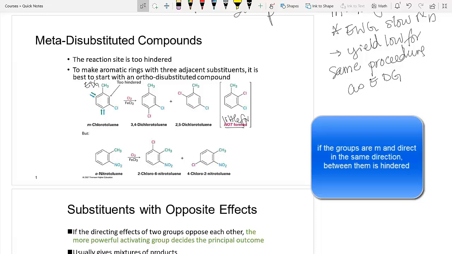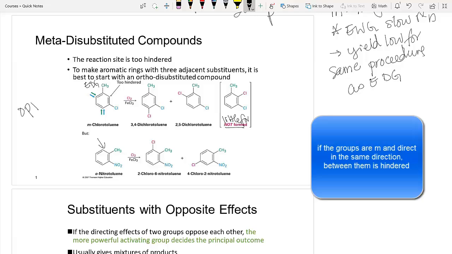They both direct in the same position, and that's because the chloro, even though it's an electron withdrawing group, is our exception, in that it does still direct to the ortho and the para position, but very little product will form in the position between the two groups.